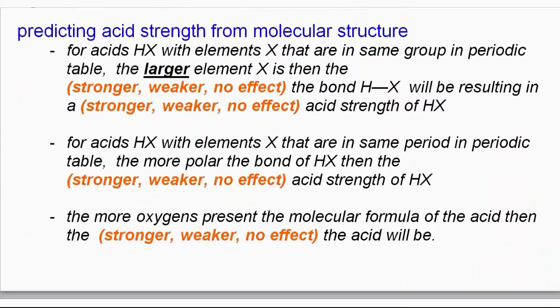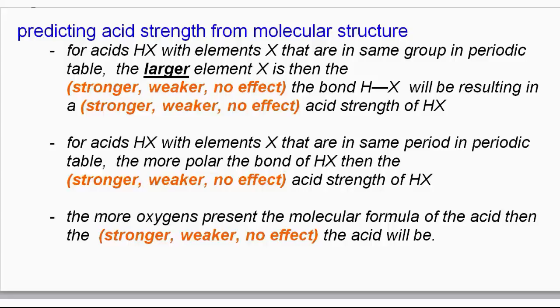Okay? Predicting acid strength from molecular structure. For acids HX, so X can be anything, with elements X that are in the same group in the periodic table, the larger element X is, then the what? The bond between H and that element.